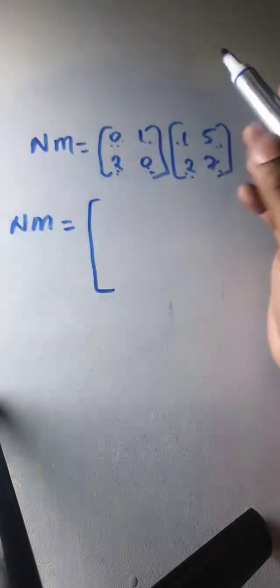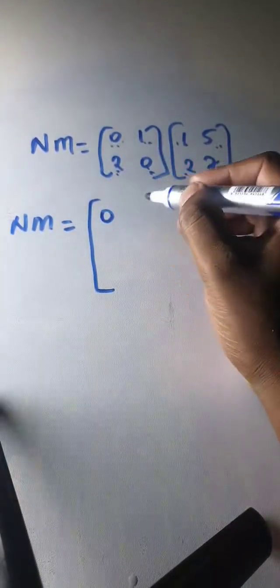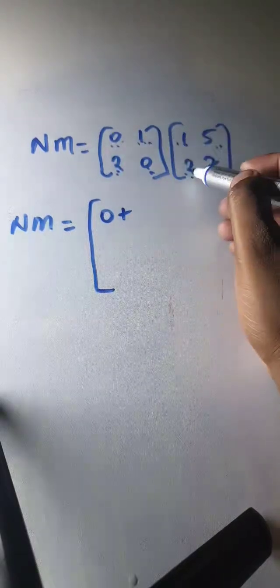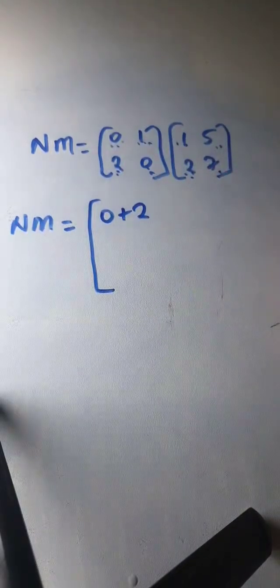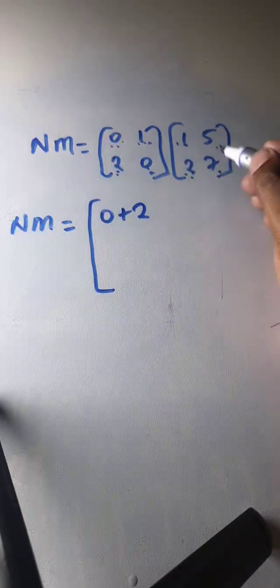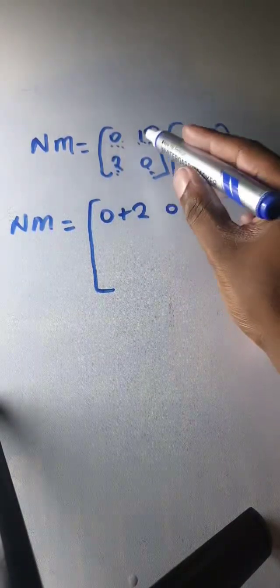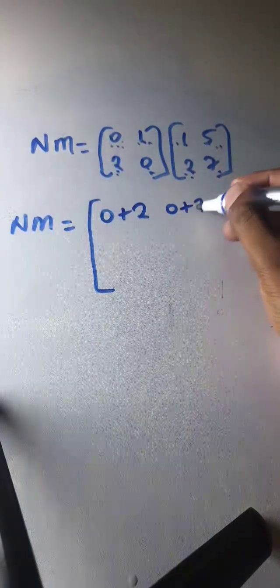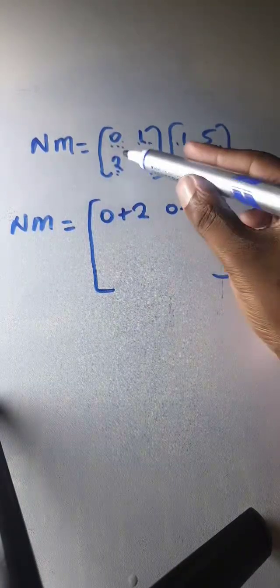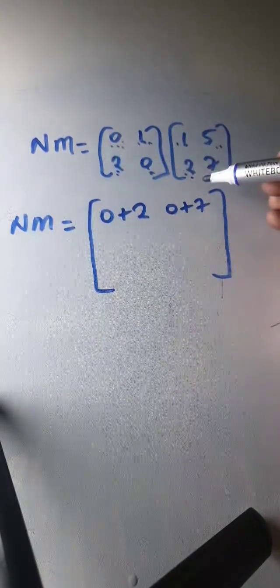So now how do we go about it? 0 times 1 is 0, plus 1 times 2 is 2. We are done. We come to that: 0 times 5 is 0, plus 1 times 7 is 7. We are done with the first row with all the columns.